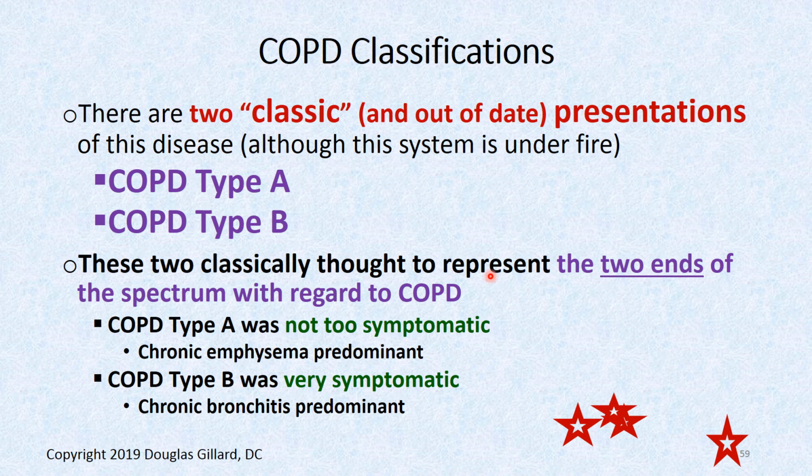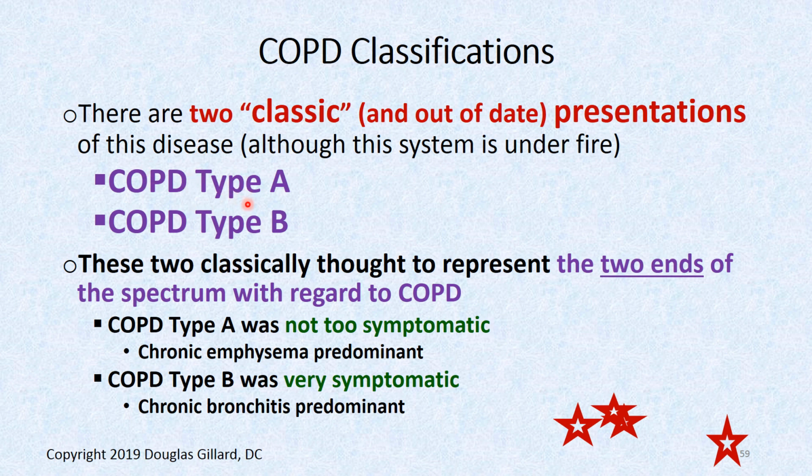There's two typical classes. I hate teaching this because it's obsolete, but I know it is on chiropractic boards, so I've got to teach this. And I know you've had this before. We have COPD type A and type B, the pink puffer and the blue bloater. Remember that? In reality, these always mix.